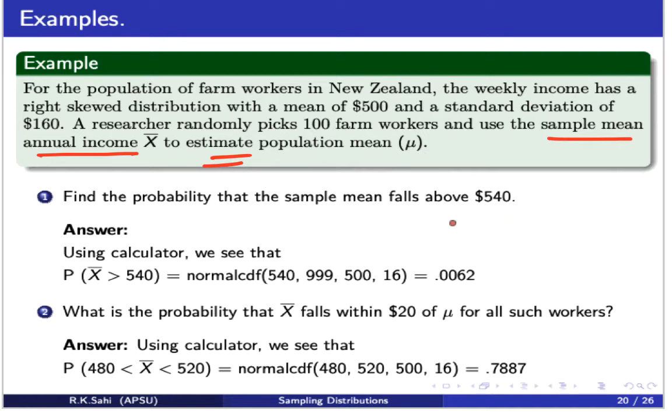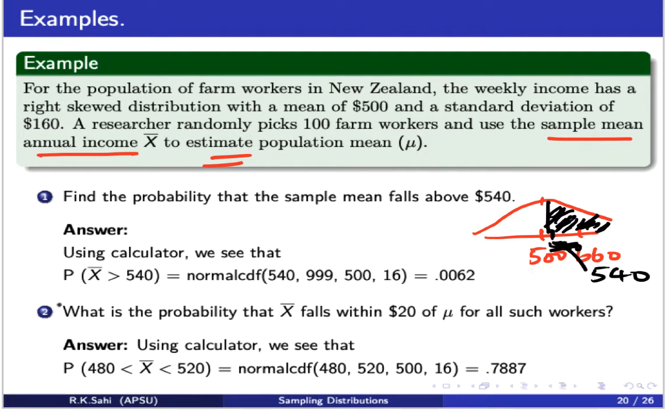Okay, so if we quickly make a little bell-shaped curve, from the previous one this was 500, and the next standard deviation was 516. Now we need to find the probability that the sample mean falls above 540. In other words, this is very close to 500, 540. So we want to find the probability it is above 540.